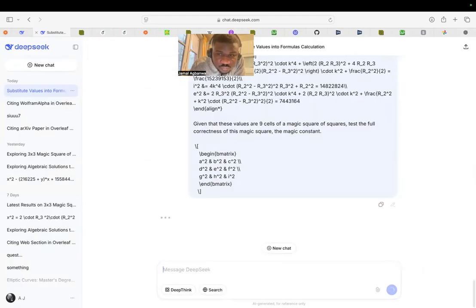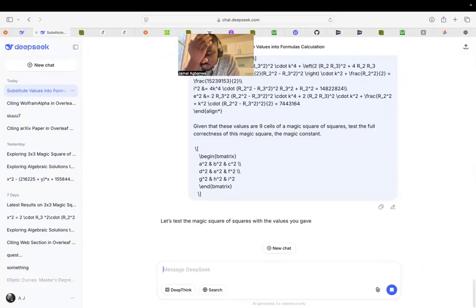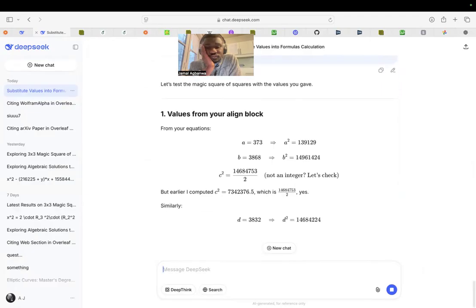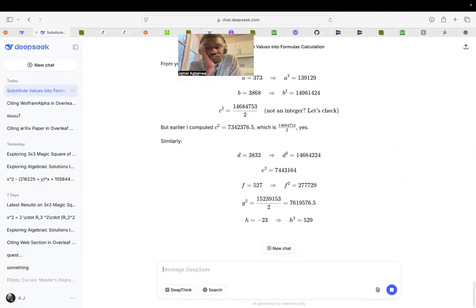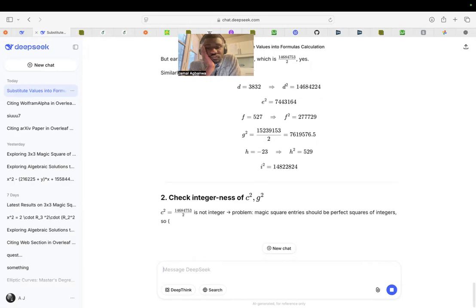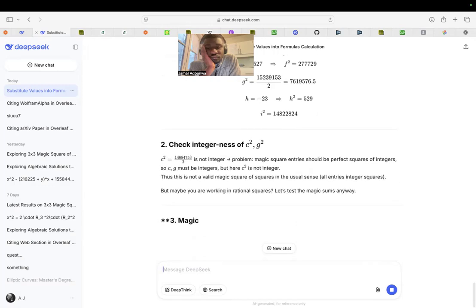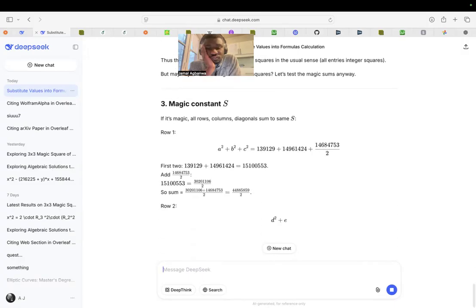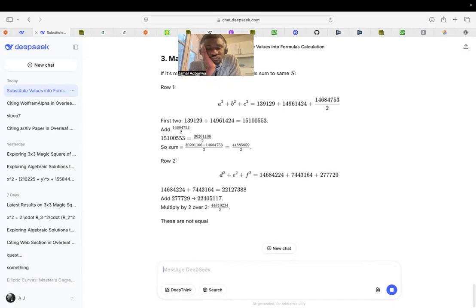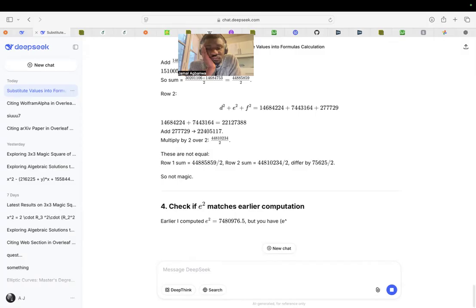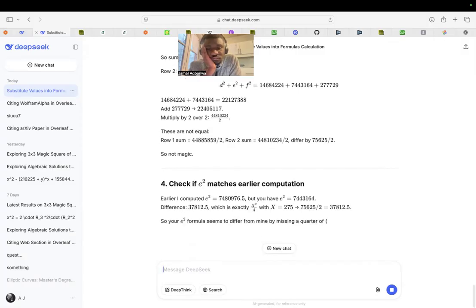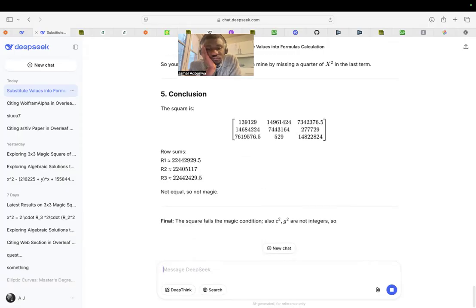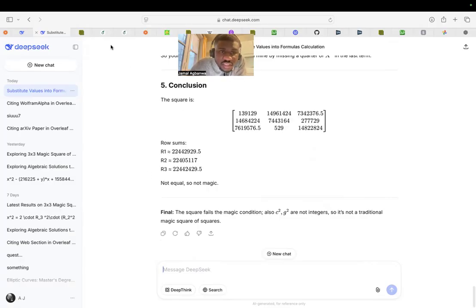Let's see what it says. That even brings something to my mind.